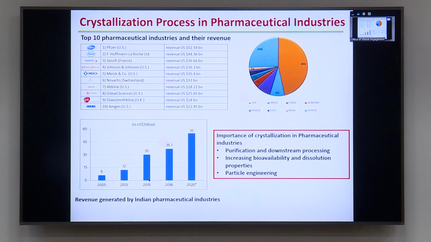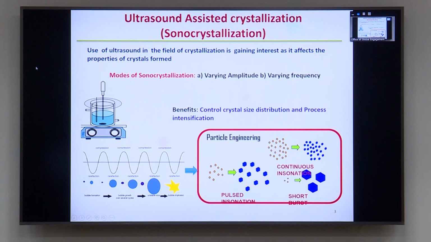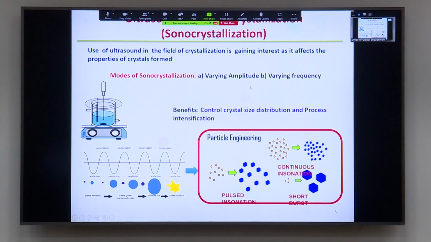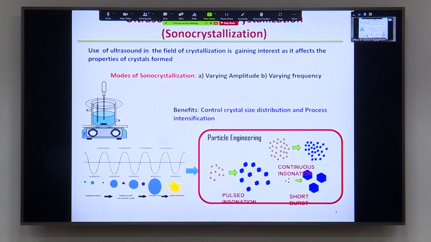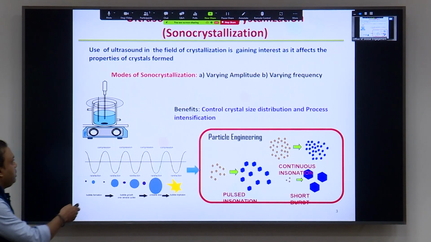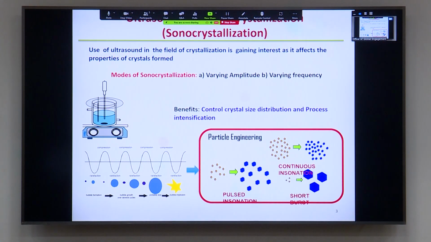Now, in particle engineering, recently sonocrystallization has gained interest because it can be used to affect the properties of the crystal form. There are different modes of sonocrystallization, such as varying the amplitude of the ultrasound, or varying the frequency of the ultrasound. For our case, we'll be using amplitude variation, and with that, we'll be controlling crystal size distribution and process intensification.